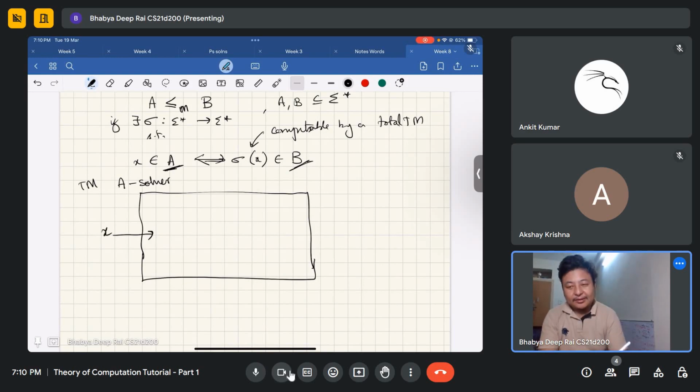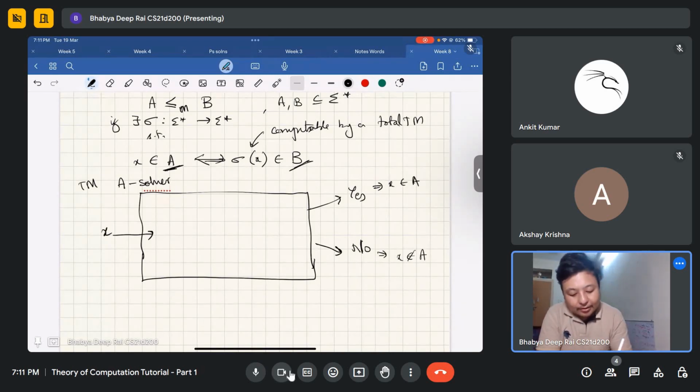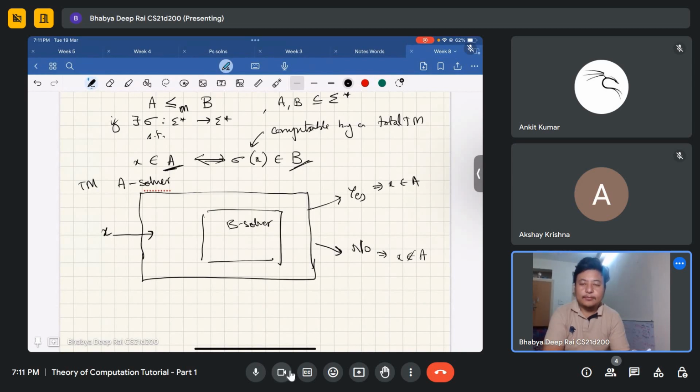An input is given to us, and I want to ask whether it belongs to A or not. That is, yes means X is in A and no means X is not in A. And I want to use B solver for it.